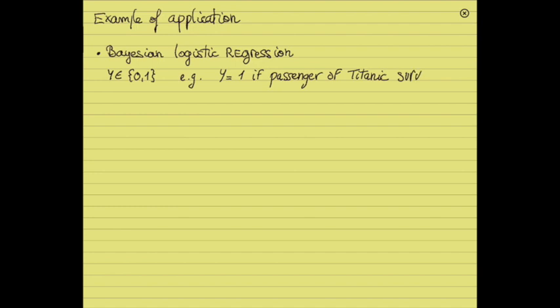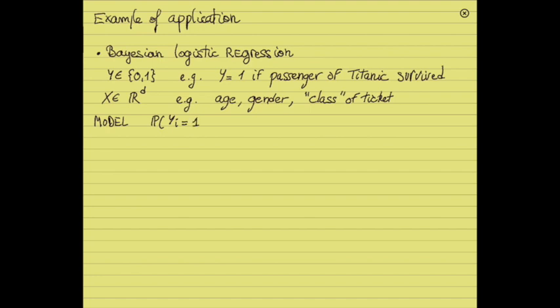And x is the covariates. So we have a vector x for each individual, each passenger, for example, which is a d-dimensional vector of features or covariates, such as age, gender, for example, indicators of the class, so first class, second class, third class, associated with each passenger. And you might want to see how the probability of survival depends on, for example, age or the class of the tickets.